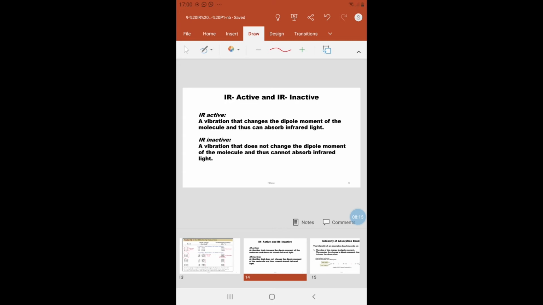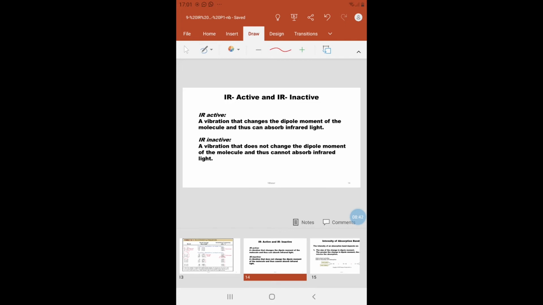When you look at a molecule, there are many types of bonds present in the molecule, but not all bonds are IR active. IR active means there is a change in dipole moment in the molecule that can absorb the infrared light. Whereas for IR inactive, there is no change in the dipole moment.